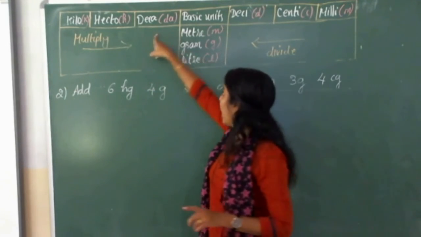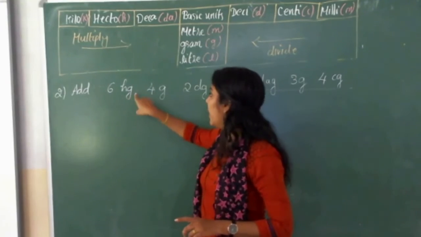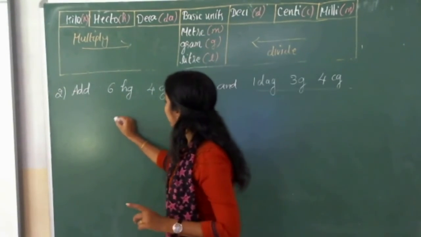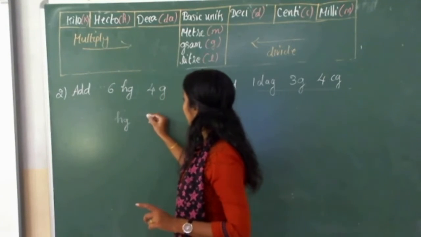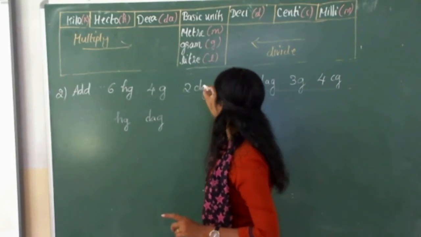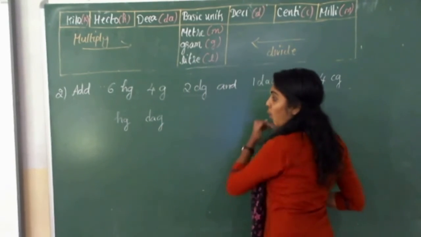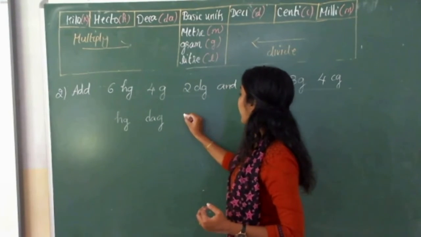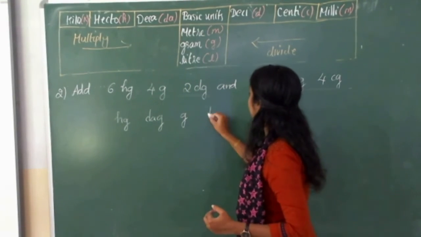So, here deca, here centi. First you can write hecto to deci. That is hectogram, then decagram, after that gram, after that decigram. You have to arrange all the units.